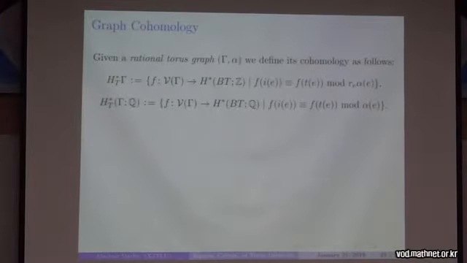Okay. So given such an object, a rational torus graph, we can define certain cohomologies. The first is sort of the integral one, where we're attaching to each vertex an integral polynomial, so that it's very much the same as before, except now we have to soup up this label to an integral label.